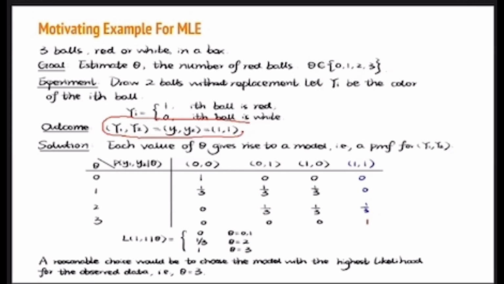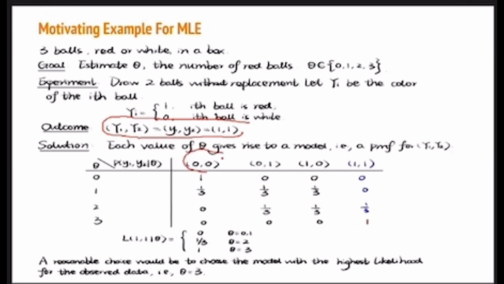If you take a look at the outcome here, this is a possible outcome. The first ball may be red, and the second may still be red. Does that make sense? That's why I say 1, 1. Now, when you look at the solution, we want to choose 2 balls.